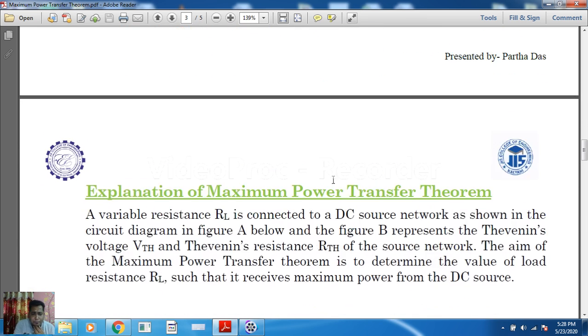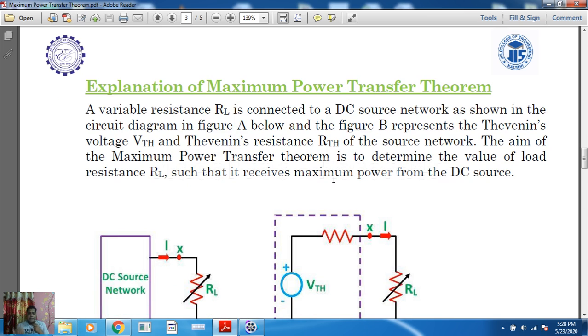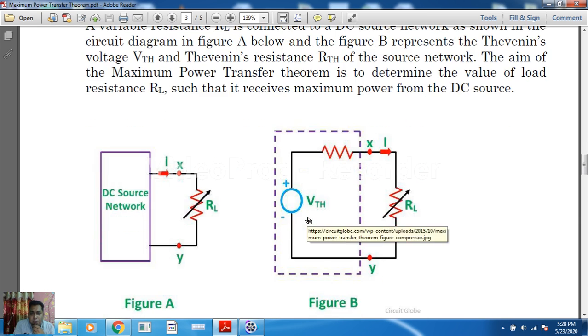Okay, so now the explanation. That is the main part. We have discussed the statement, where we can use it, and the terms to know, that means the linear and bilateral concepts. Now we are going to discuss the statement: when the internal resistance is equal to the load resistance, at that time maximum power can be delivered.